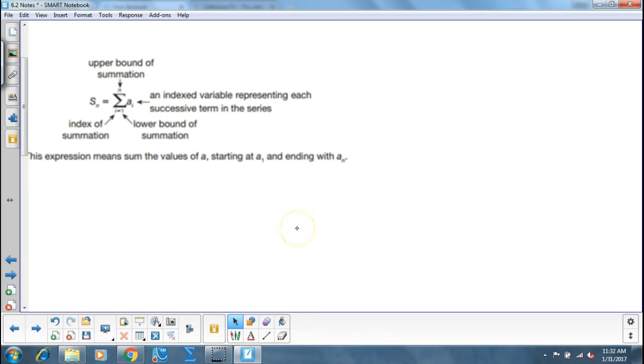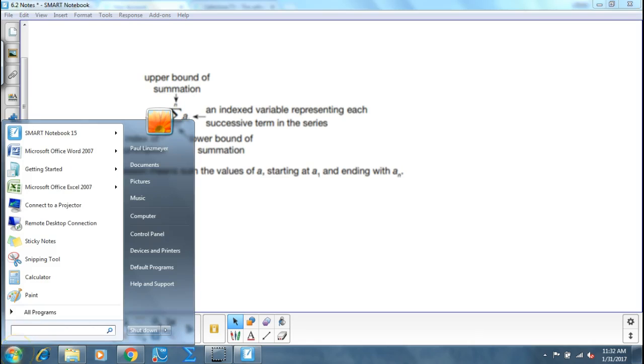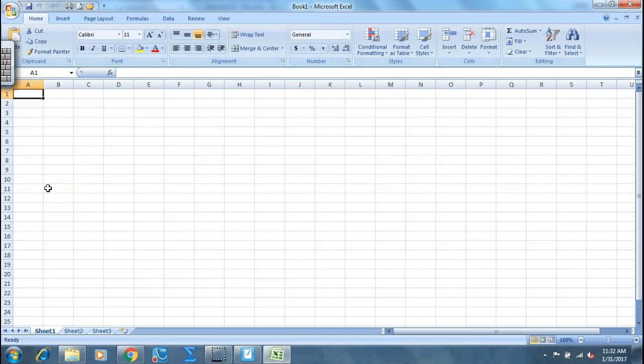Here, I'll show you. You've seen it right here. Sigma notation you've probably seen when you use Excel documents.